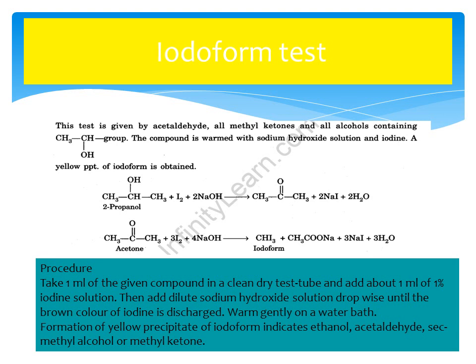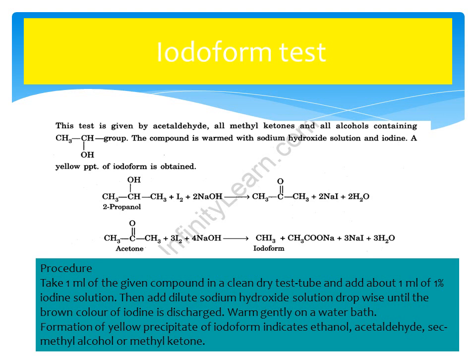Take 1 ml of the given organic compound in a dry test tube, add iodine, and then add dilute sodium hydroxide dropwise so that the brown color of iodine discharges. Warm gently on a water bath, and if yellow precipitates appear, it confirms the formation of iodoform. The iodoform test is positive for ethanol, acetaldehyde, secondary methyl alcohols, and methyl ketones.